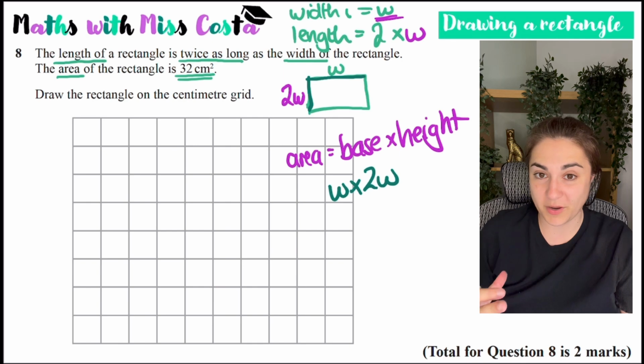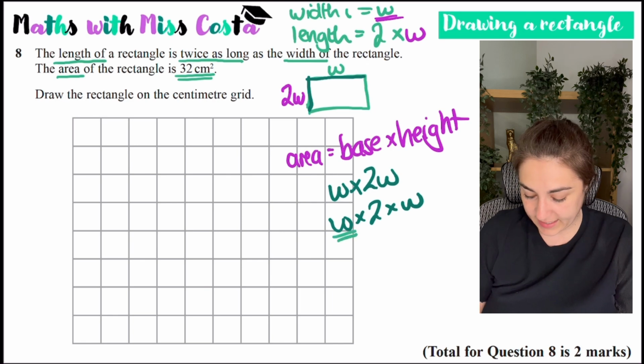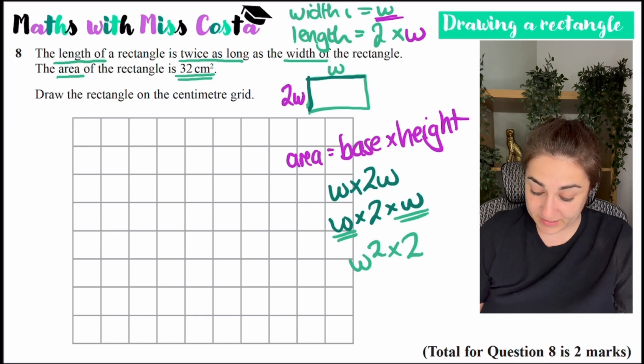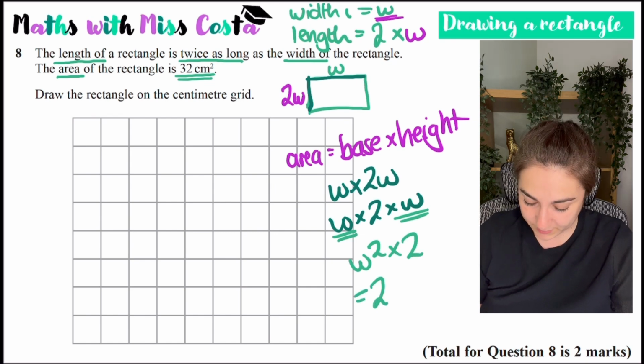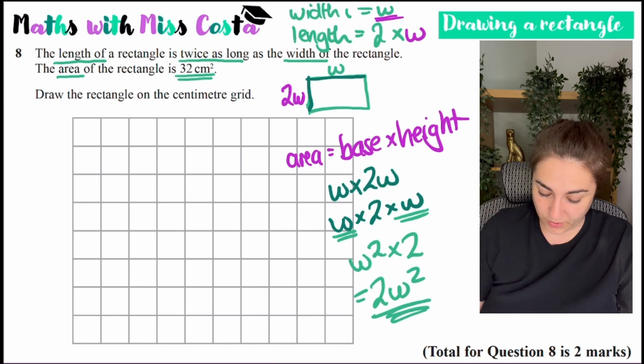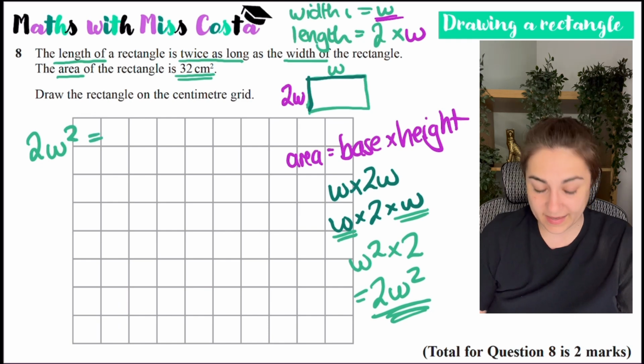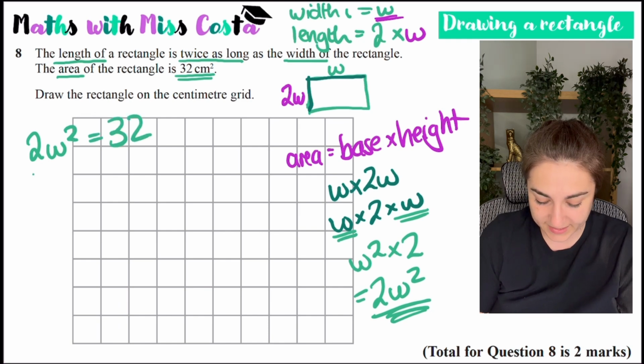So when I'm multiplying indices, I could just write it out like this, W times 2 times W. Anything multiplied by itself, so W times W, is going to become W squared. So it's going to be W squared times 2, which would simplify to 2W squared. So I know that the area of this rectangle is 2W squared and that the area total is 32 centimetres squared.